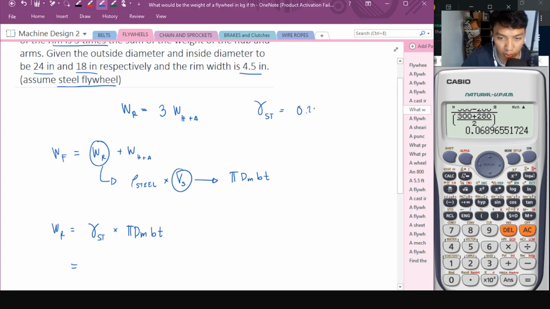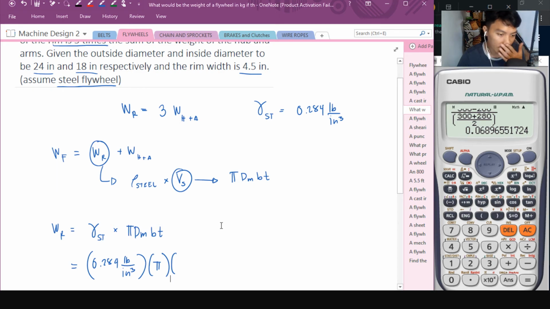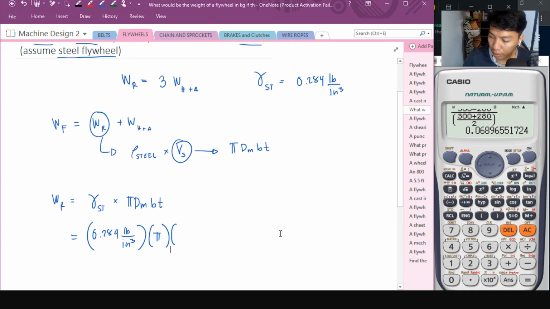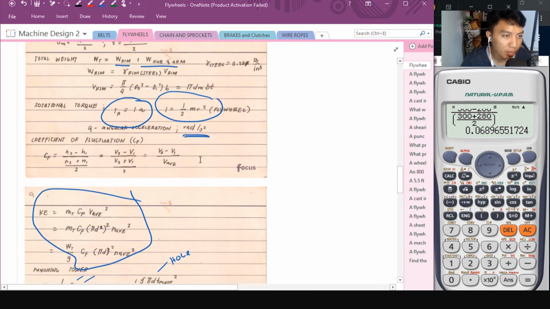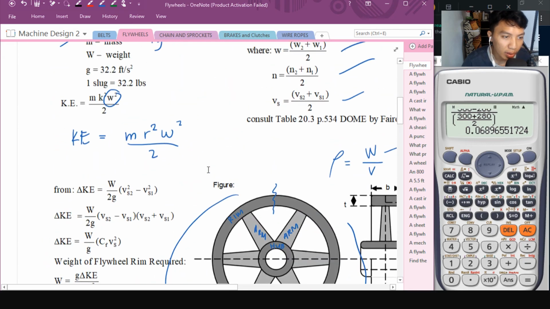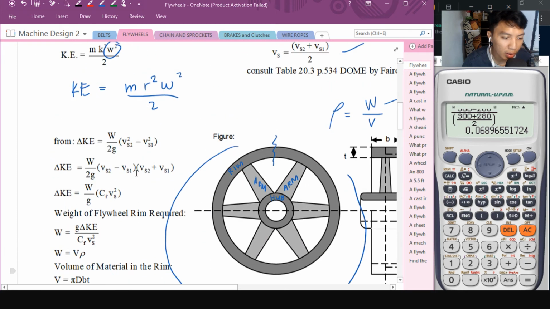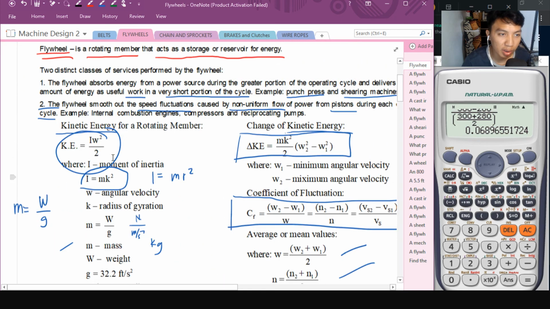This is equal to 0.284 pound per inch cube. So, 0.284 pound per inch cube multiplied by pi multiplied by the mean diameter. How do we get the mean diameter here?